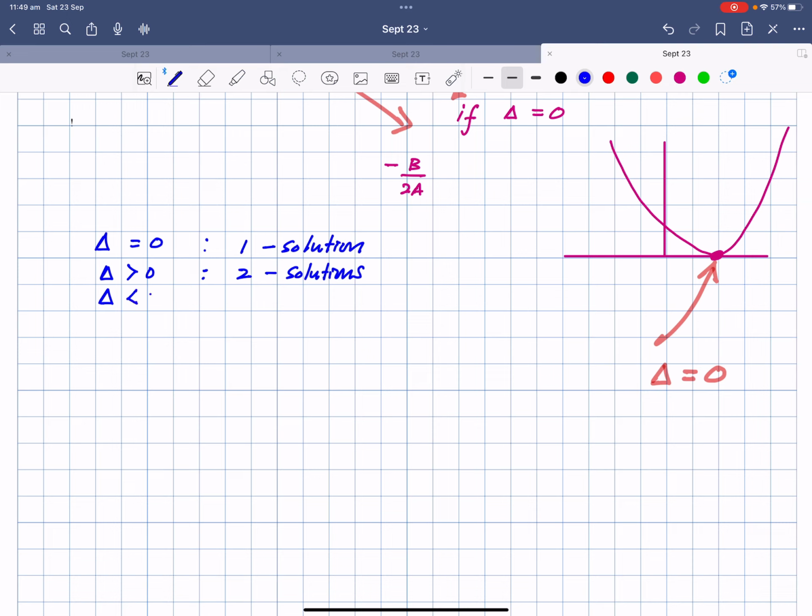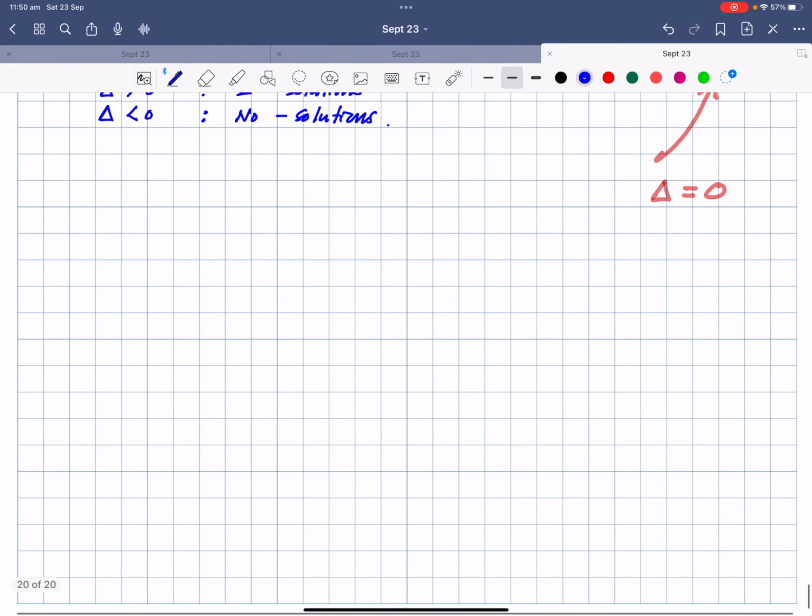Delta less than 0, we say no solutions. Right? So pictorially, first one, delta is equal to 0. Delta is equal to 0 looks like this. One solution. Solution means x-intercepts in this case.